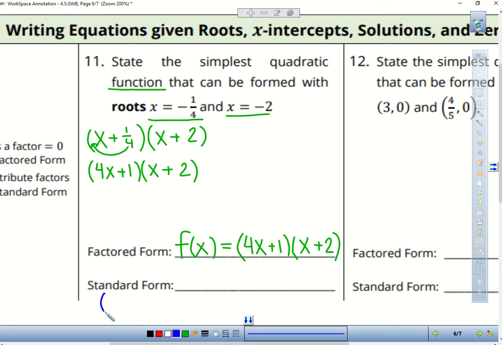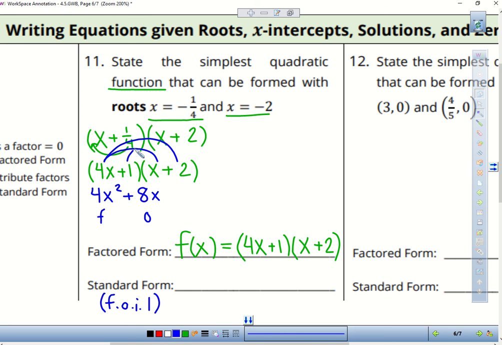So FOIL is an acronym. It just tells us what to multiply together. So how to do FOIL is you're going to do first times first. That's the F, which is 4x squared. Then we're going to do outer times outer, which is the 4x and the 2, which is 8x.